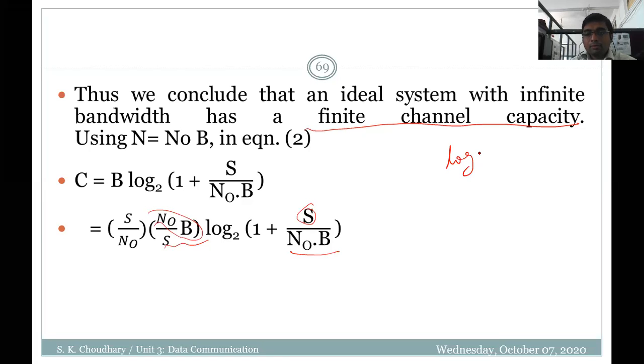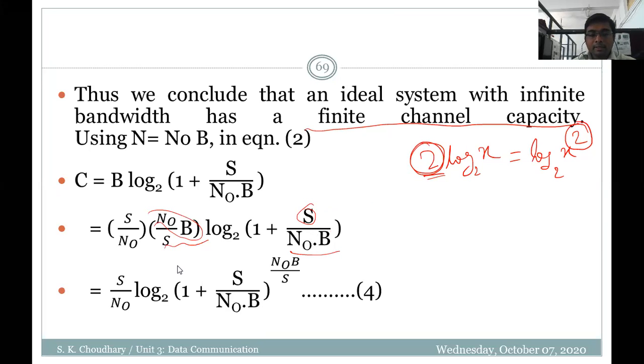if we write like this, what would it become? You can write it like x squared, meaning whatever power term is inside the logarithm comes out as a multiplication to the log. The same thing we have to consider here. Consider this is a constant term like N naught B upon S, raised to the power of this particular term.